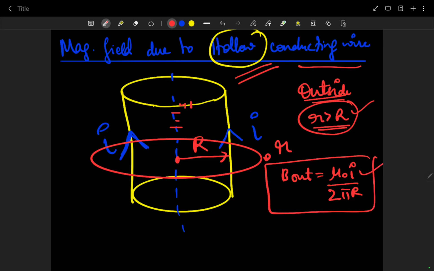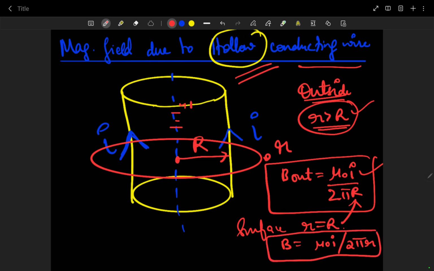So this is for the outside case, and at the surface would be what? At the surface would be the same again, it would be r equals R. So wherever you have r over here, you can exchange it with capital R, right? So it will become μ0 I by 2π R. That would be surface, this would be outside, and inside you know that it's hollow, so it would be 0.